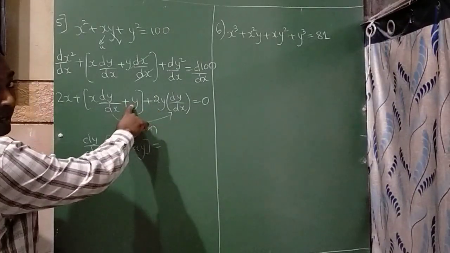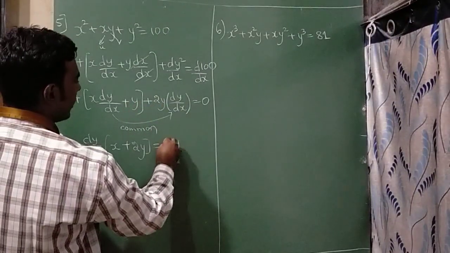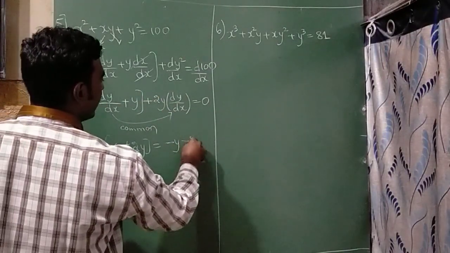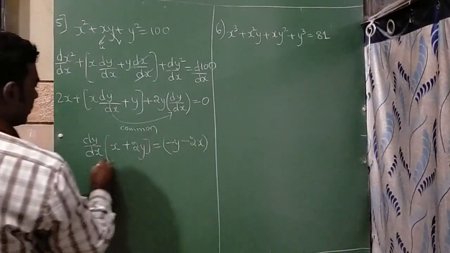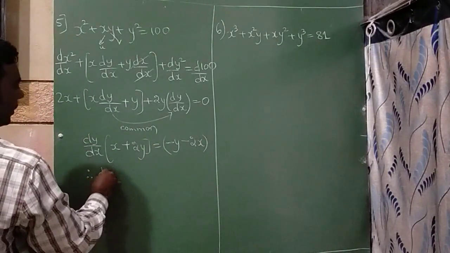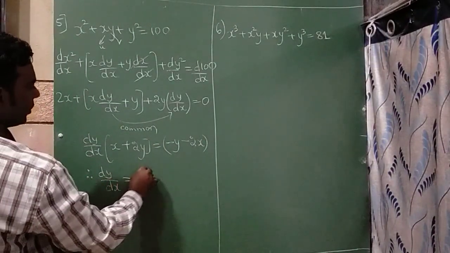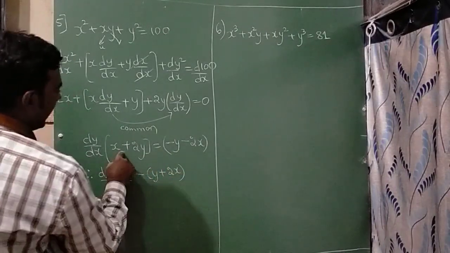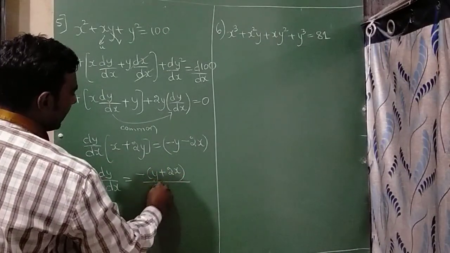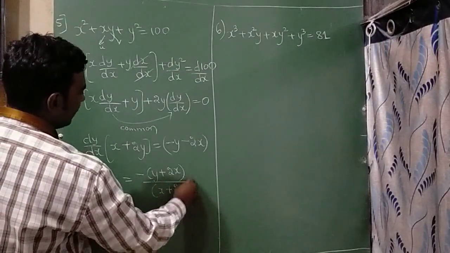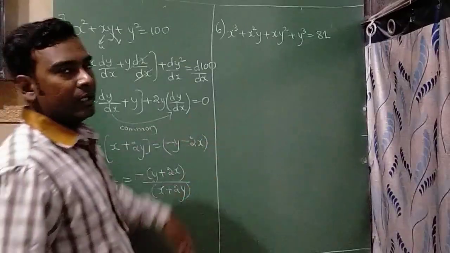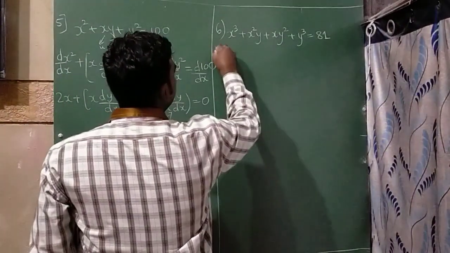I'll shift this y to the right hand side, so it will become minus y. Now this I'll shift to the right hand side, so it will become minus 2x. Therefore dy/dx is equal to, take minus common, (y + 2x), and this will go to the denominator part, that is x + 2y. Okay, let us move to the sixth question.